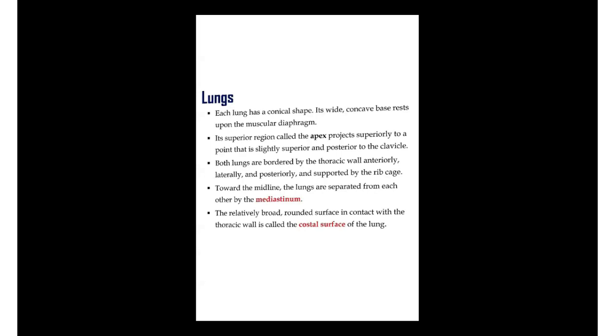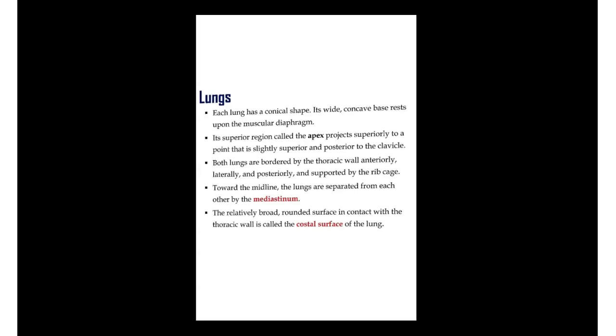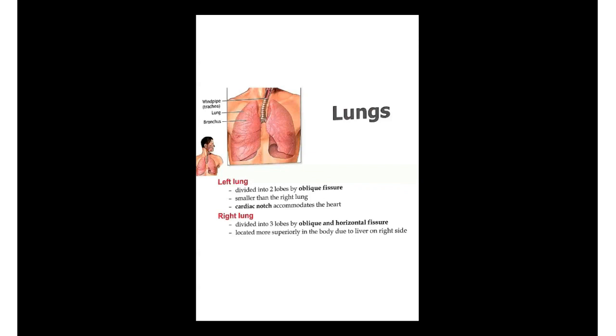Towards the midline, lungs are separated from each other by the mediastinum. A relatively broad rounded surface in contact with the thoracic wall is called the costal surface of the lung.